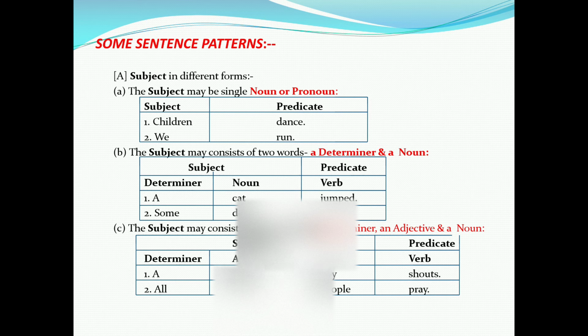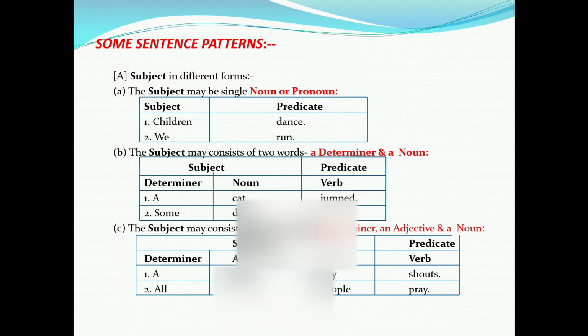Combined में इनको combine हम करेंगे तो this is a subject of the sentence. Shouts, this is a verb, therefore it is a predicate. Similarly, another example. All good people pray. Here in all good people, all is a determiner, good is an adjective and people is a noun. Pray is a verb, therefore it is a predicate.